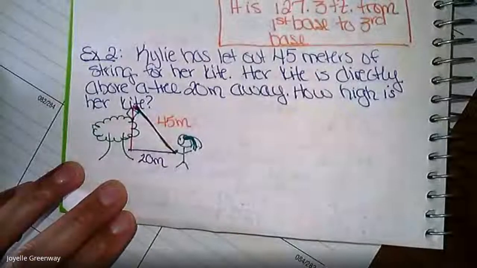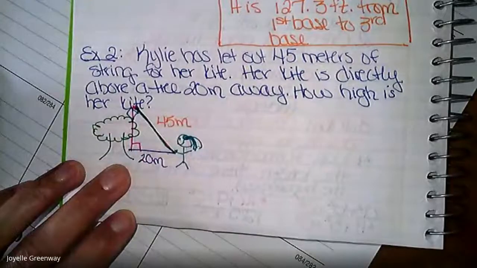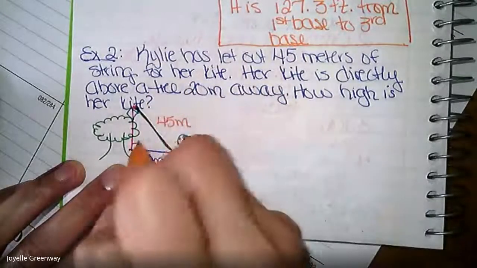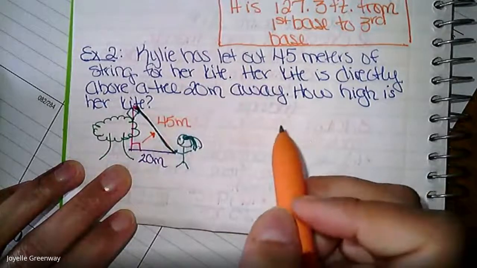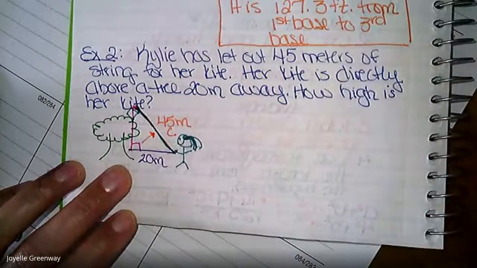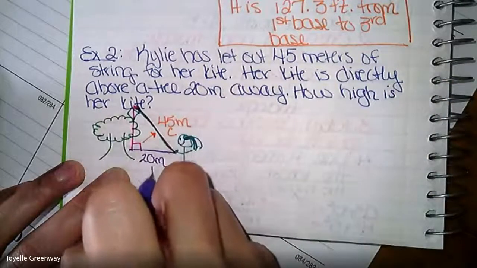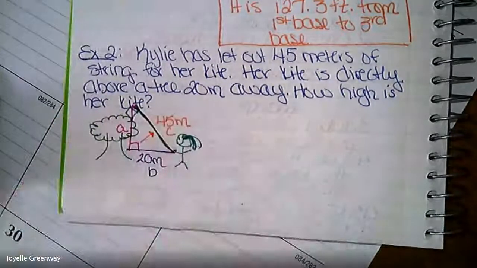So this length here, here's the string for her kite, that's 45 meters. Hopefully you noticed that this is your 90-degree angle. And across from that 90-degree angle is your hypotenuse. So this is C. That means this is either A or B. And so we're looking for a leg.